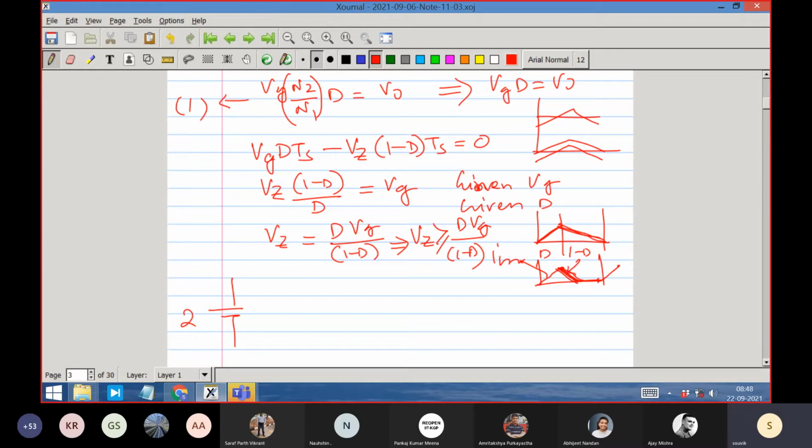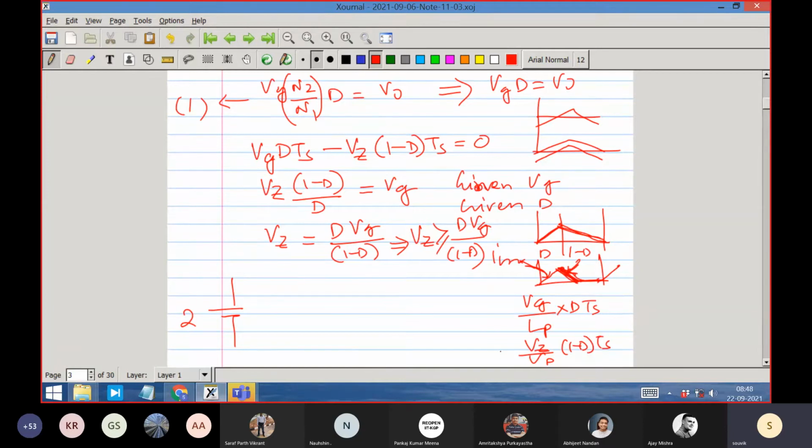This Vz is doing this part of the current shaping. What is the equation of current here? This current equation is Vg by Lp into dTs. That is the current. And what is the current here? Vz by Lp into (1 minus d)Ts with initial current whatever.